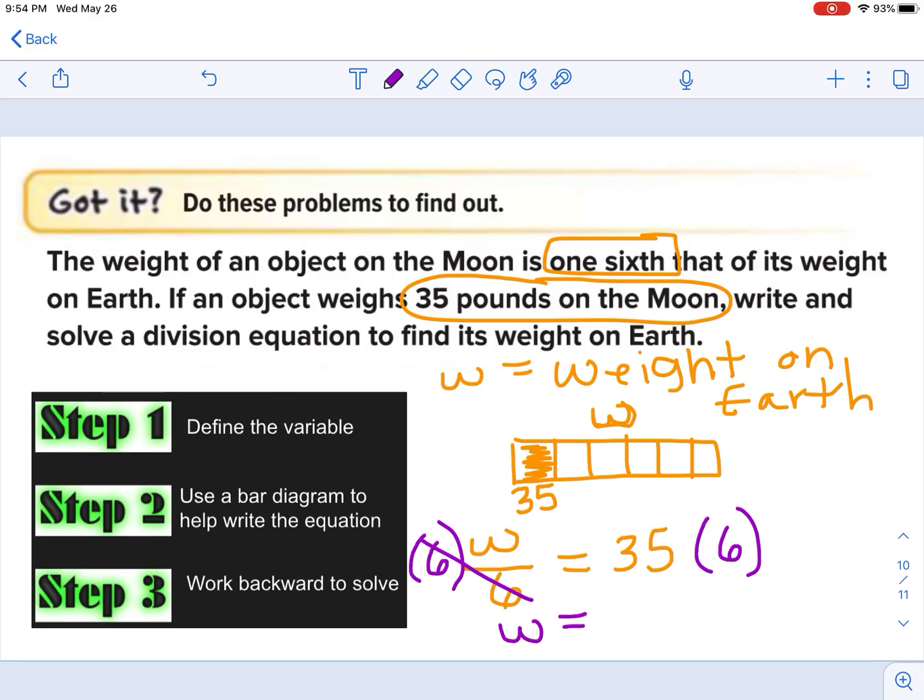You might need a calculator to find the answer to this, so you're going to type in 35 times 6, and the answer is 210 pounds on Earth, which you could figure out too with your bar diagram if you keep putting 35s in, and you'll see that it's a total of 210.